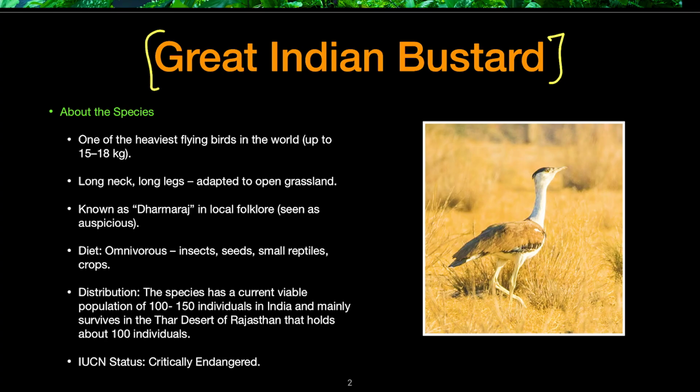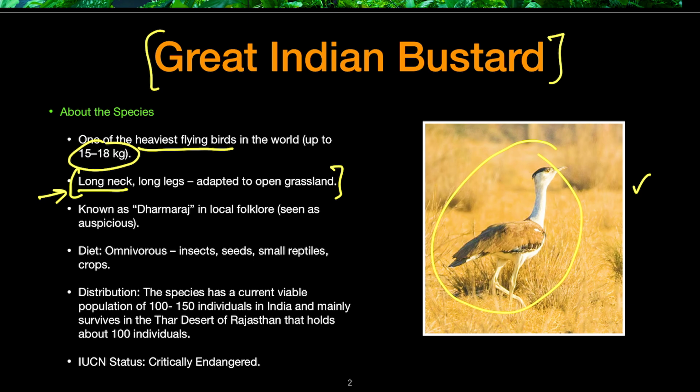Great Indian Bustard. Of course, this is a very important species. It is one of the largest flying birds, or the heaviest flying birds in the world, and it weighs about 15 to 18 kgs. Talking about the key characteristics of its physique, it has a long neck and long legs, adapted to open grasslands, and mostly it is found in the wastelands.